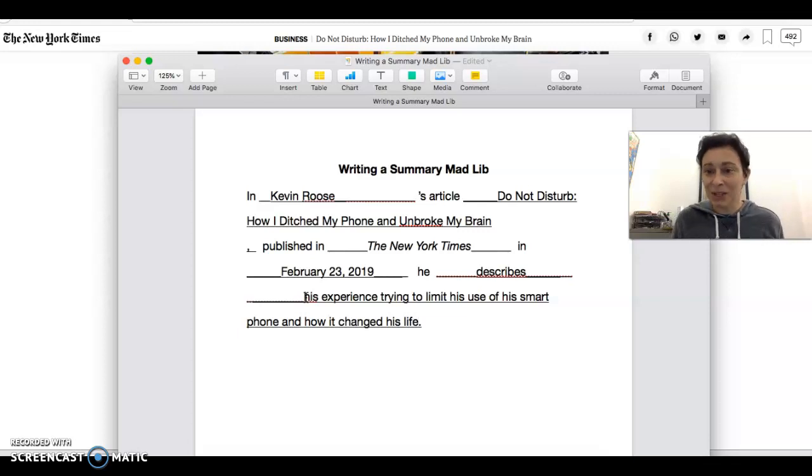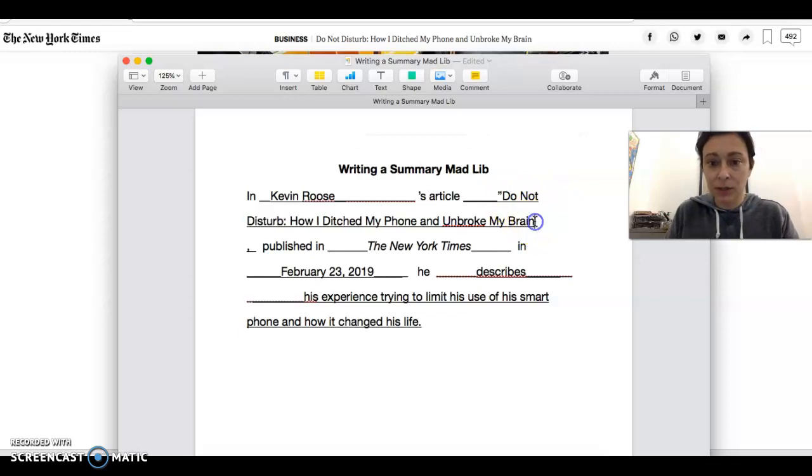This isn't the best summary that I've ever written, but I think it kind of captures it. I think we could probably make it a little bit more specific. But look, it's just one sentence, right? In Kevin Roose's article, "Do Not Disturb: How I Ditched My Phone and Unbroke My Brain," published in the New York Times on February 23rd, 2019, he describes his experience trying to limit his use of his smartphone and how it changed his life. Oh, and articles are always in quotation marks. Right? And that's it. That's a one-sentence summary.